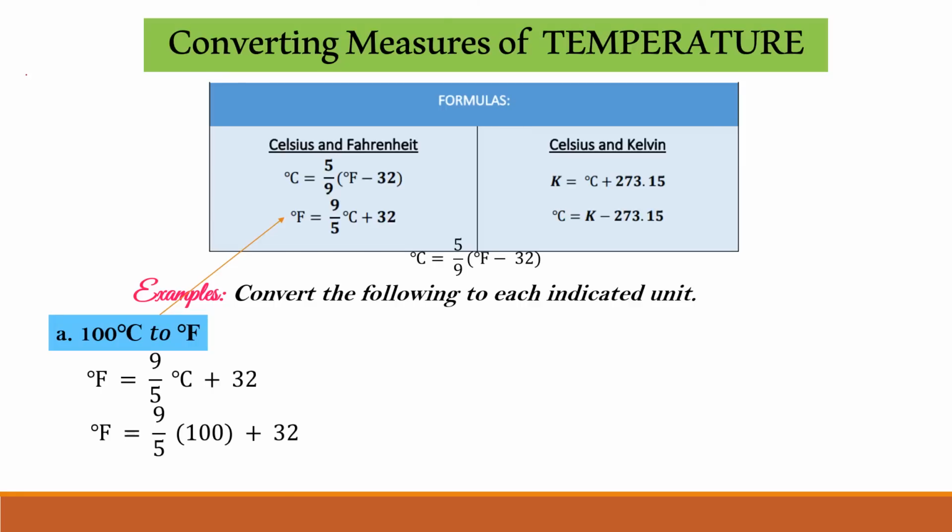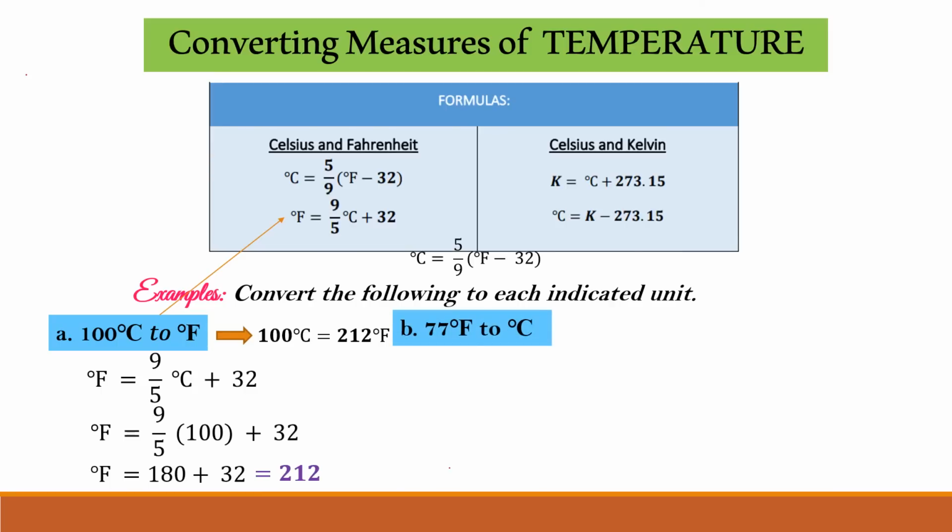So we will have 9/5 times 100 plus 32. Using PEMDAS, we first multiply 9/5 times 100. The result is 180. And then we add 32. So the sum is 212. And our answer is 212 degrees Fahrenheit.